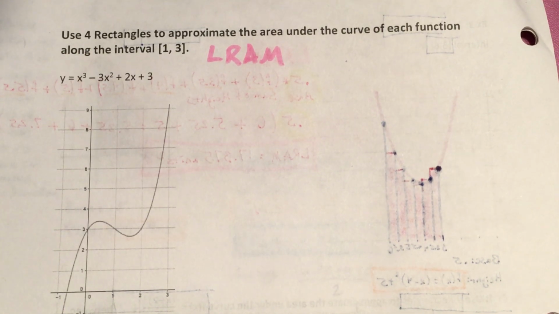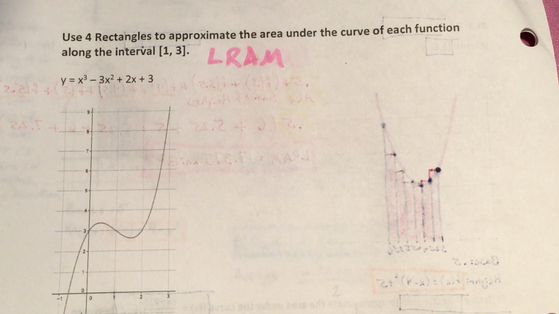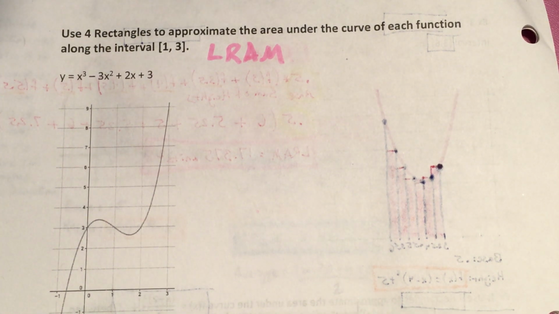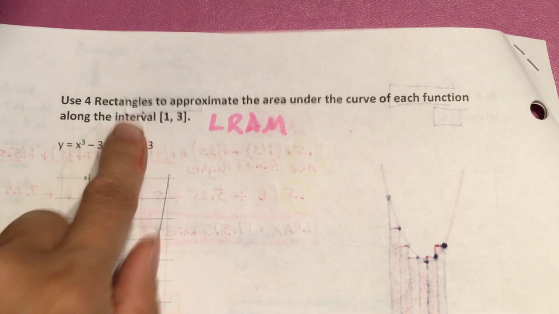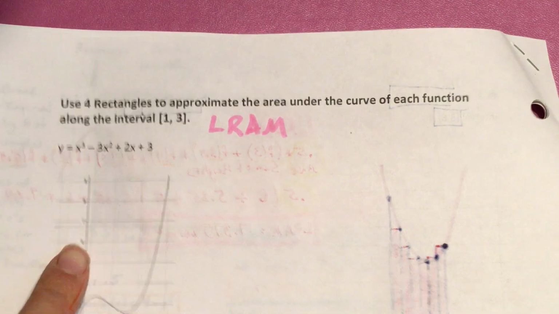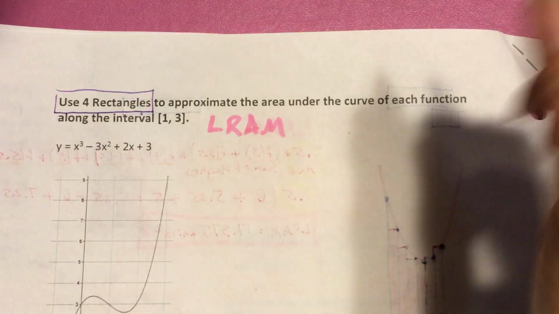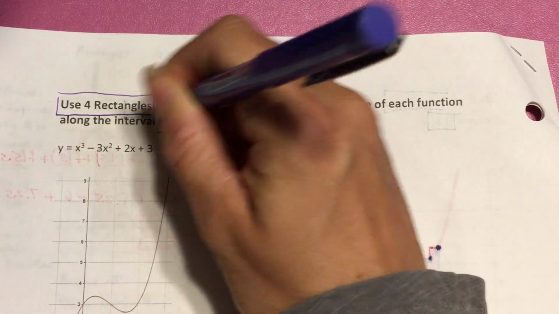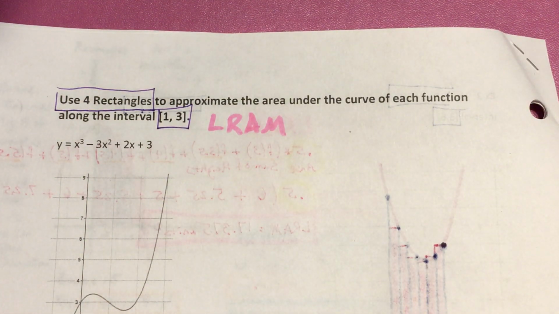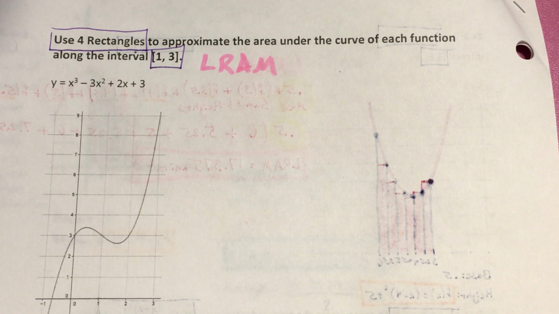On the second one, I want you to find RRAM. You are going to be following the same instructions up at the top for both of those problems, using four rectangles and on the interval 1 to 3. So try these two problems on your own, and I'll be walking through them in the next video.